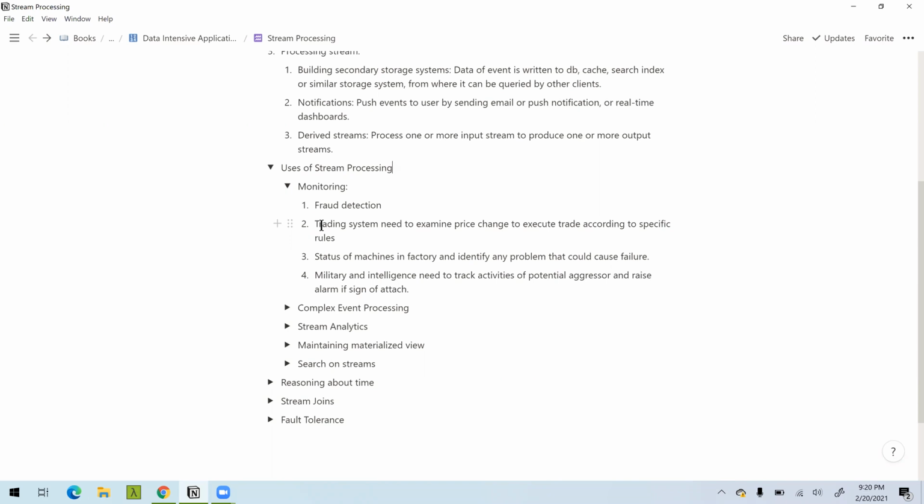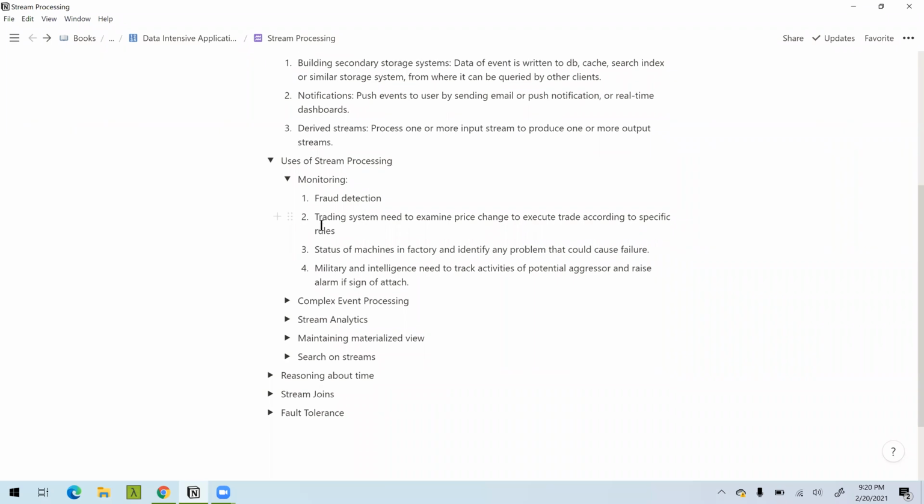Because they don't want to bear a big loss. So whenever a stock has fallen below a particular price, it should automatically sell it. So in this case, the trading system is continuously processing the stream of the price of that stock and examining it so that it can execute the trade according to the user-specified rules, right?